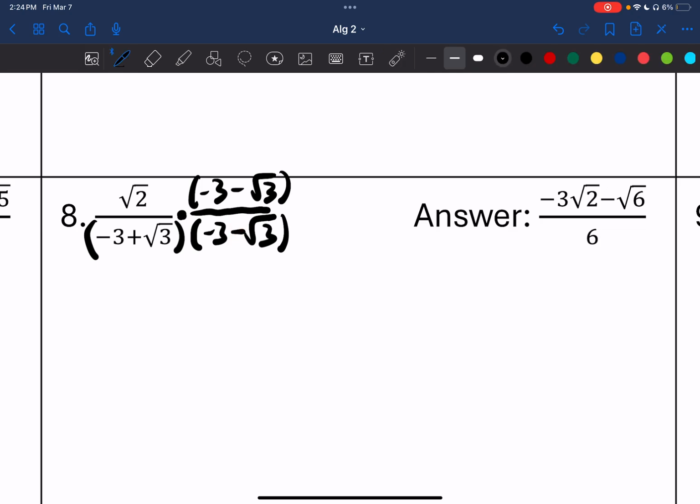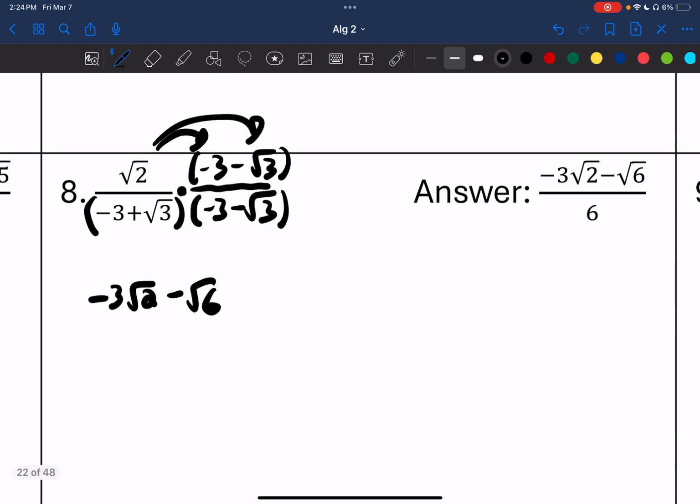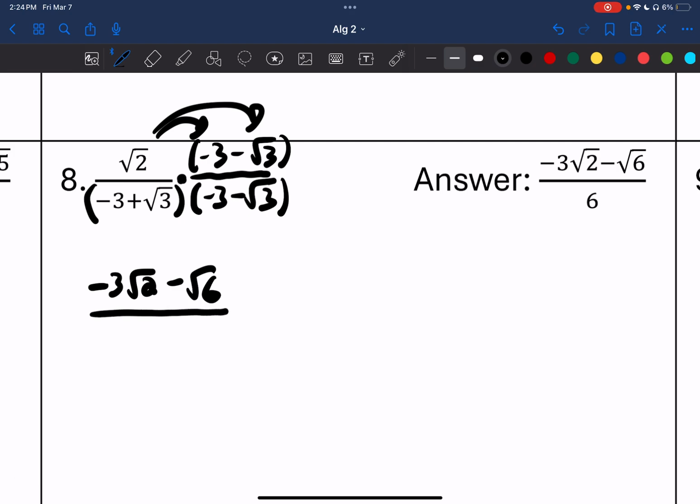Starting in the numerator, it'd be negative 3 root 2. Again, typically write the number first. And then minus the square root of 6. And in the denominator, well, we're going to do negative 3 times negative 3 is positive 9. Negative 3 times positive root 3 is negative 3 root 3.